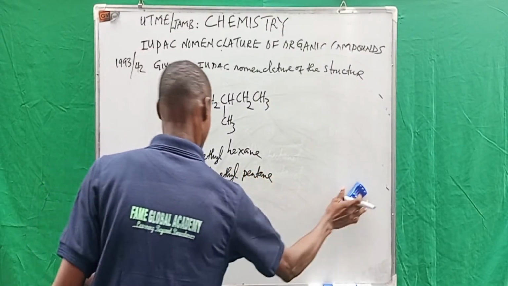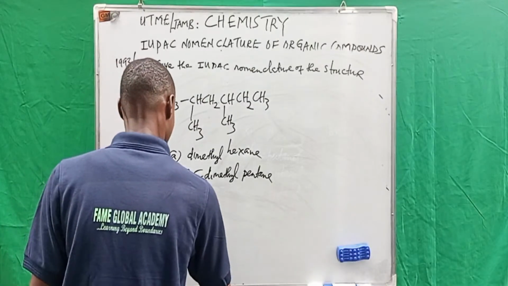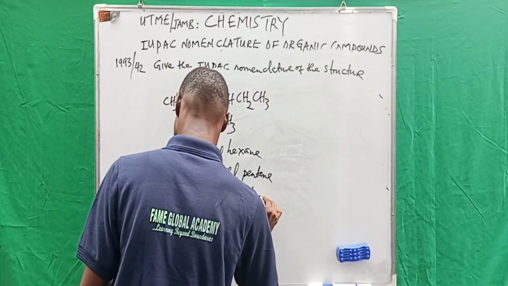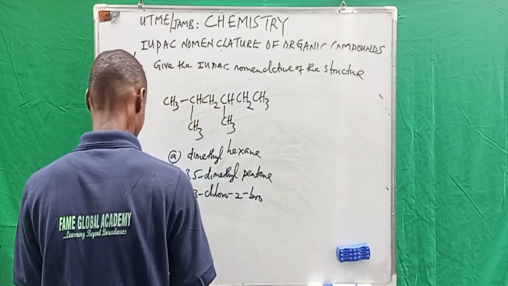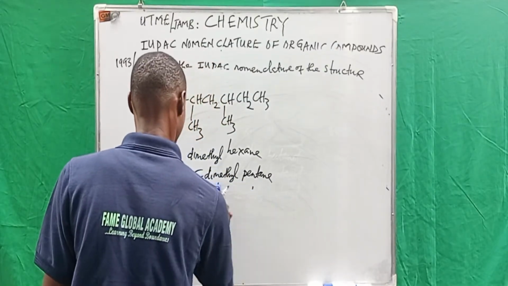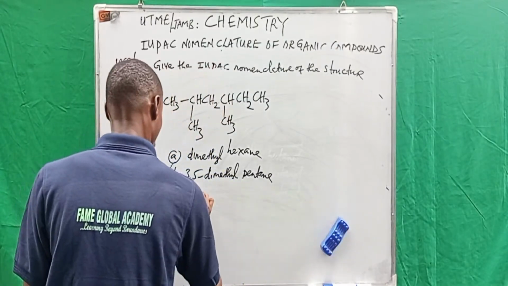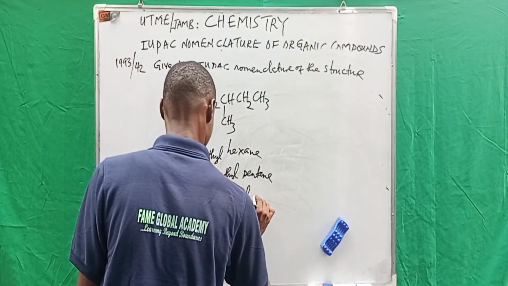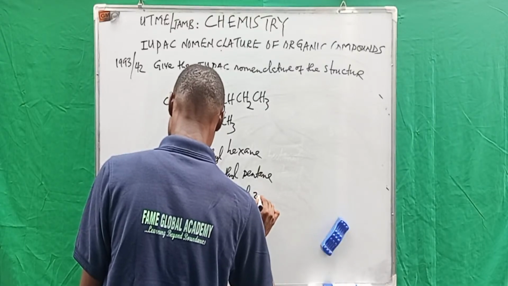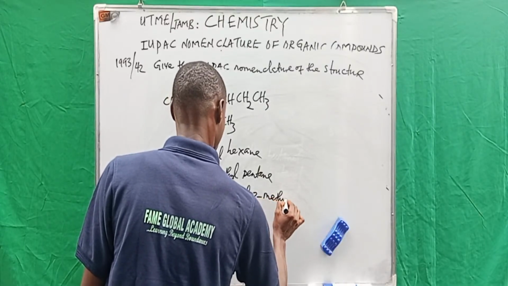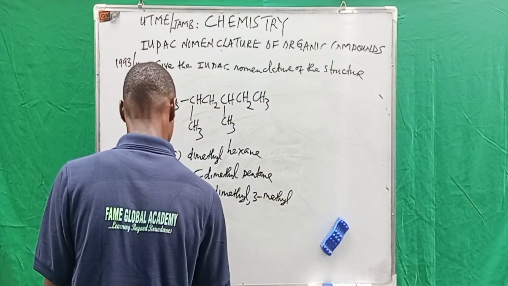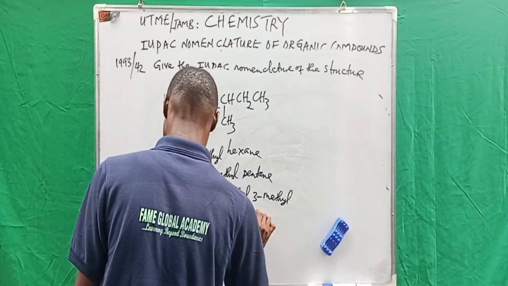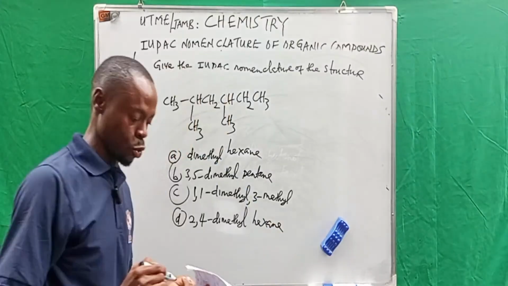Then we have C, 3-chloro, 2-bromo. Okay, we have C, 1,1-dimethyl, 3-methyl. Then we have D, 2,4-dimethylhexane. All right, let's look at this question on the board.